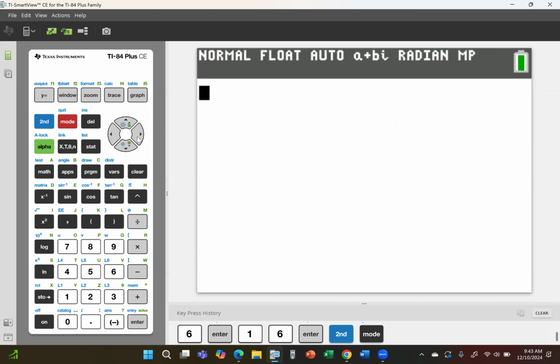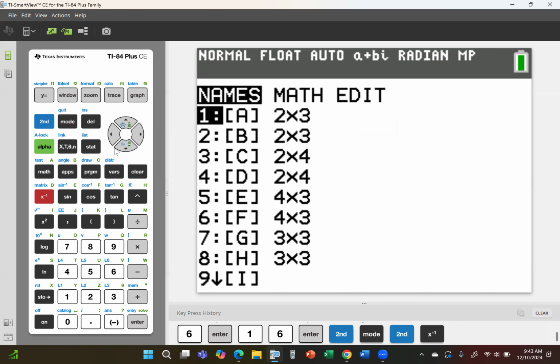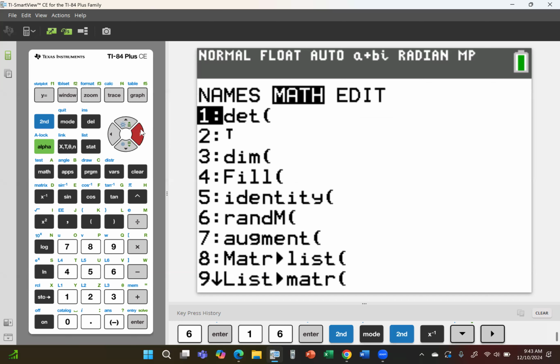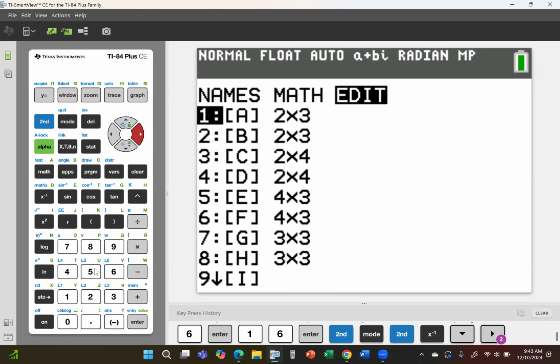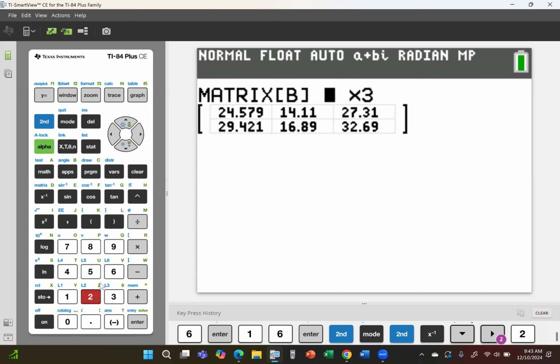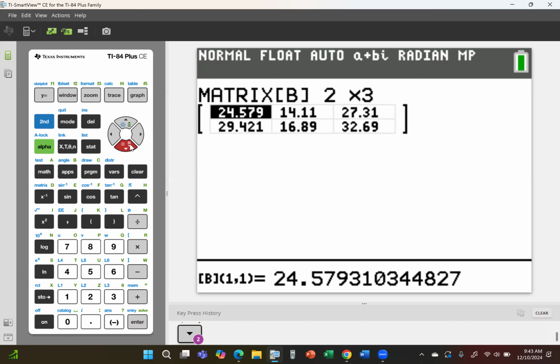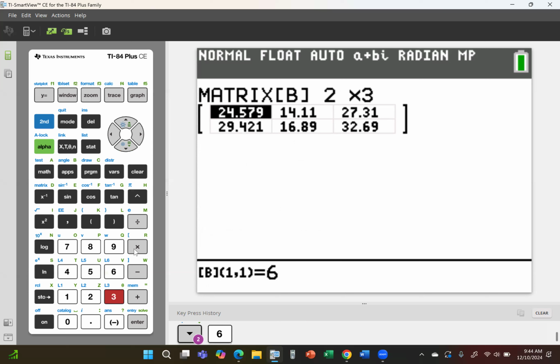I'm going to go back in to my matrices. And I'm going to edit number 2 because apparently these are not correct. So I'm going to edit matrix B, number 2. It is a 2 by 3. It's got 2 rows and 3 columns. And then what are each of the elements in these rows and columns? So the first one was the row total, which is 63. Is that correct?